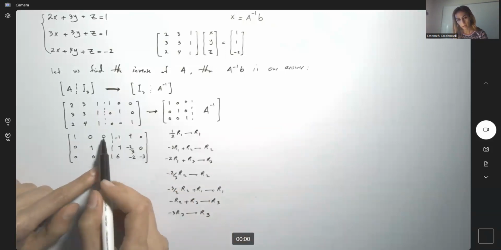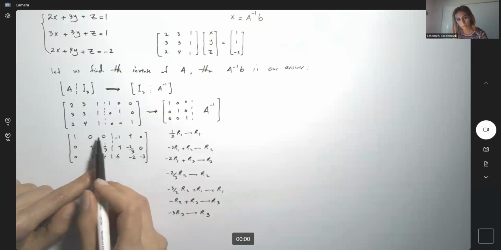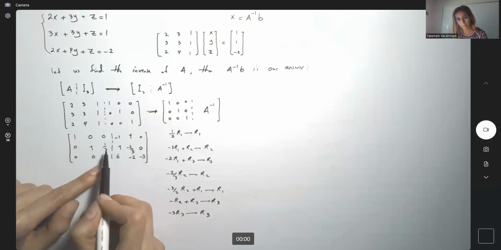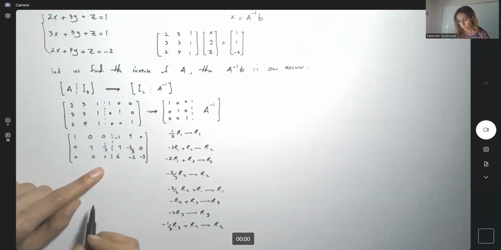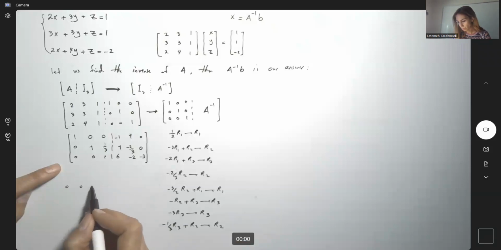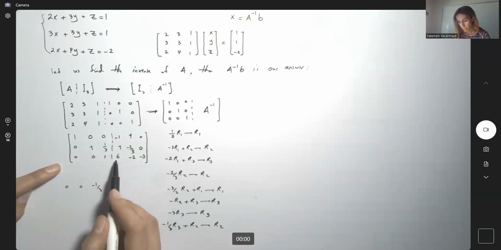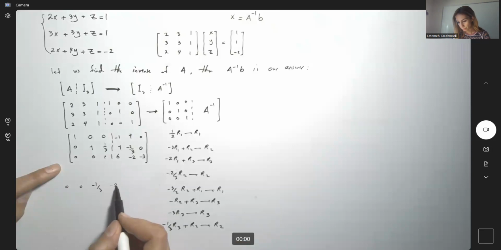Now, above, we must have 0. We're good with the first row, but we have an issue with the second row. So multiply the last row by negative a third and add it to R2. This becomes your new R2. So here you have 0, 0, negative a third, and here you have negative 2.